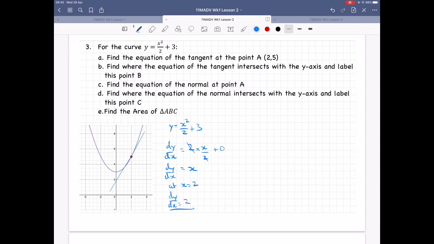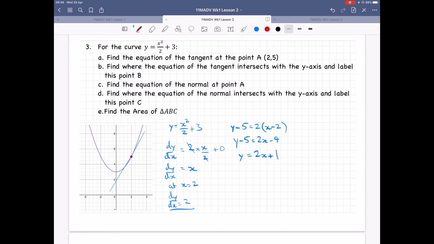So using the point gradient formula, y minus 5 is equal to 2 outside of x minus 2. Expanding out, y minus 5 is equal to 2x minus 4. So y is equal to 2x plus 1.